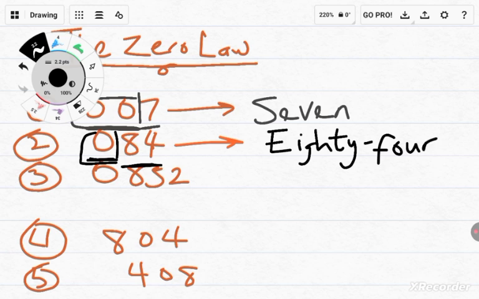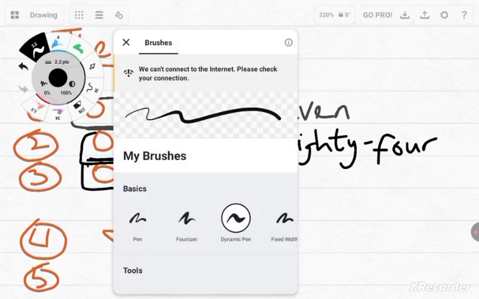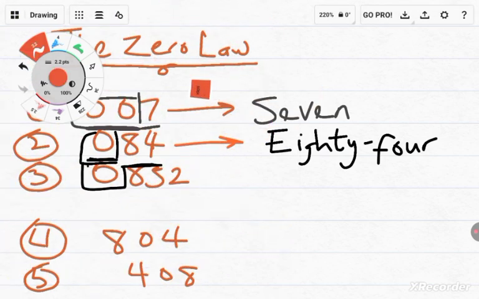Now, let's look at this other one too. If I remove this 0 that I have here, what do I have? 854. So if I want to write it in words, what would this be?